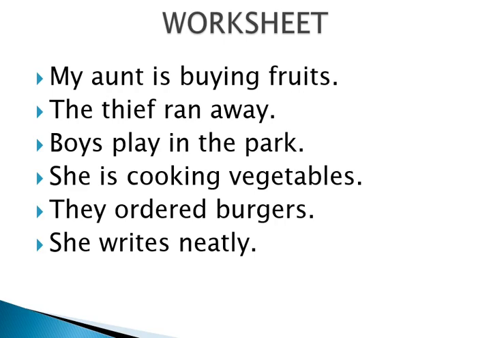So, transitive verb. They ordered burgers. What did they order? Burgers. What? Object. Transitive. She writes neatly. How does she write? Neatly. How? So, intransitive. There is no object. Children, just remember those verbs which are accompanied by an object are transitive verbs, and those verbs which do not have an object are intransitive verbs.